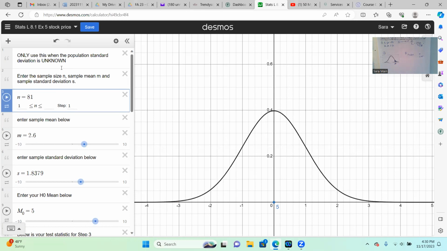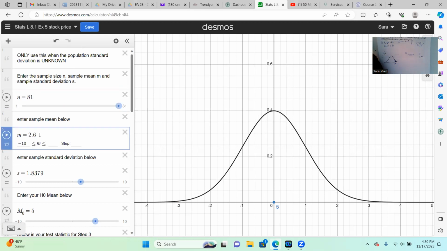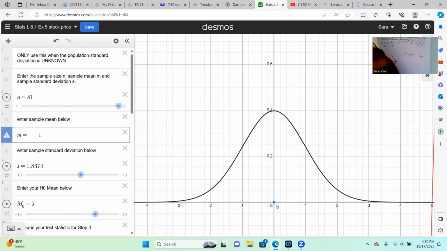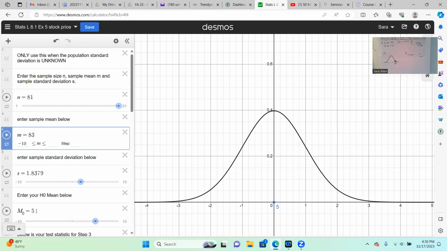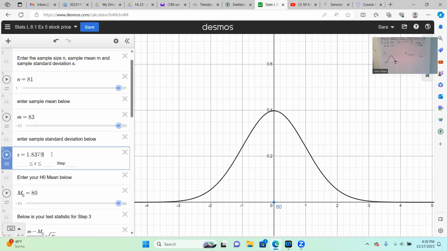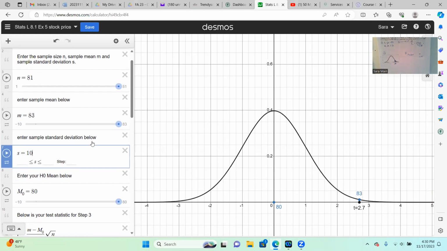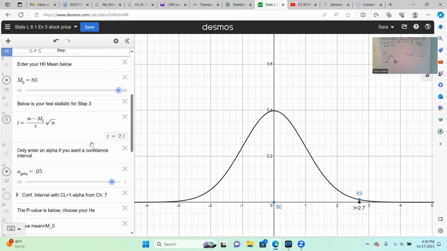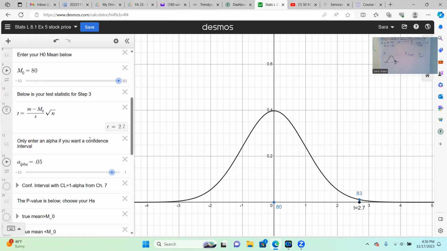Oh, too many 80s in this problem. Our sample mean was 83. We're testing mu0 is 80, and the standard deviation was 10. Our test statistic was 2.7, but we want the p-value.